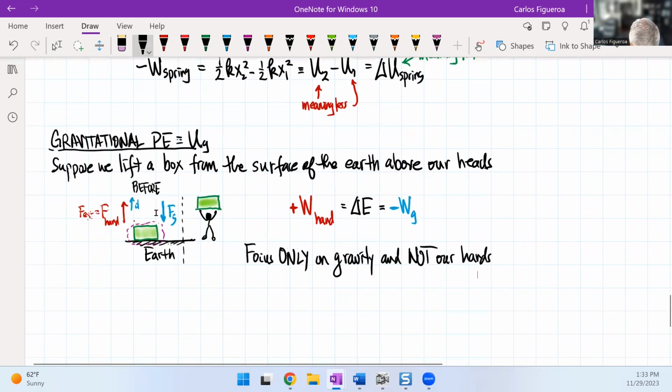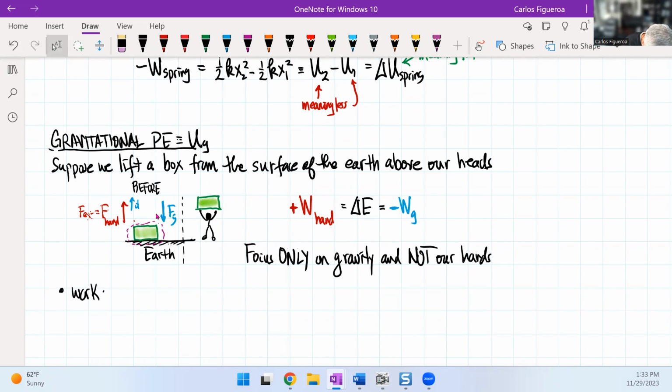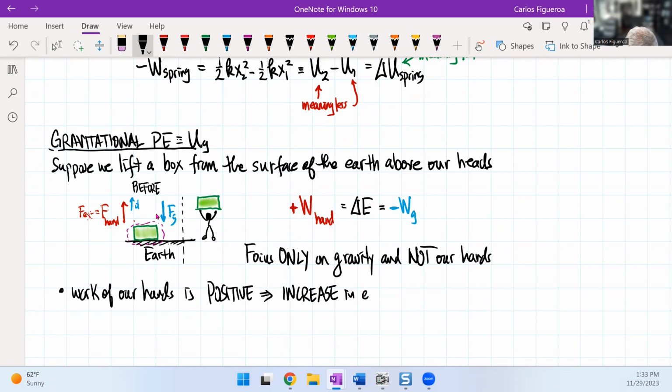What we do know here is that the work of our hands is positive, which implies there's an increase in energy in the box. So we know that has to be an increase.